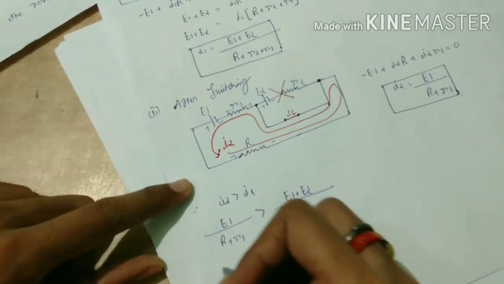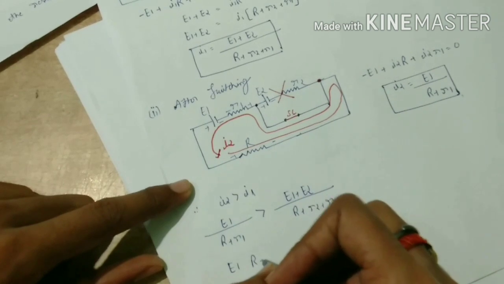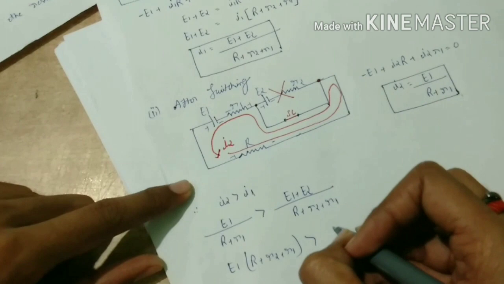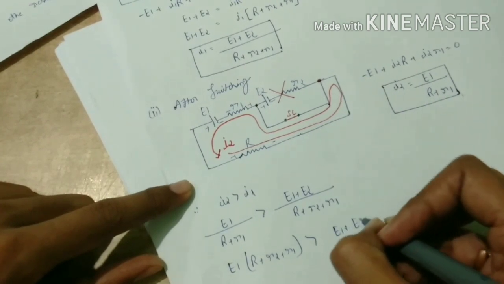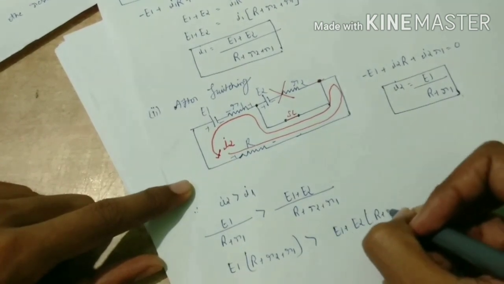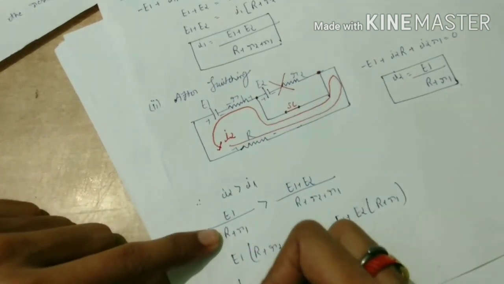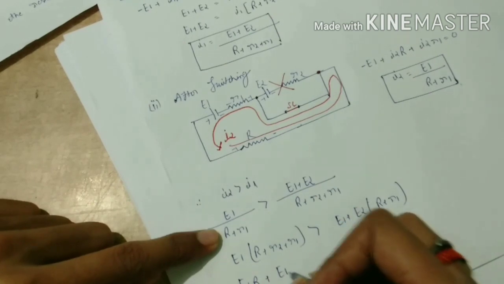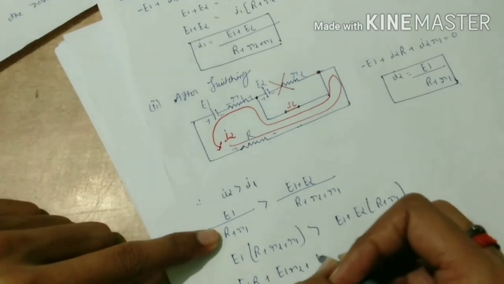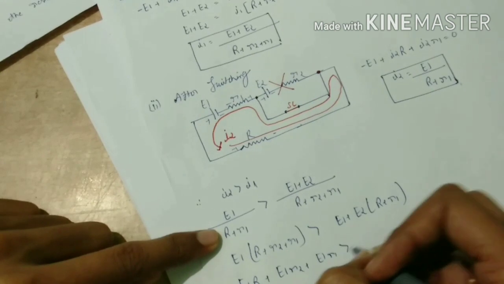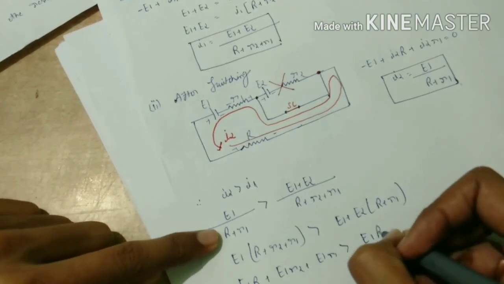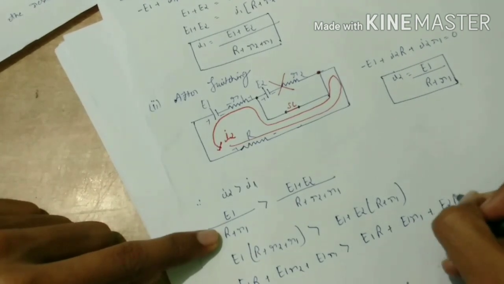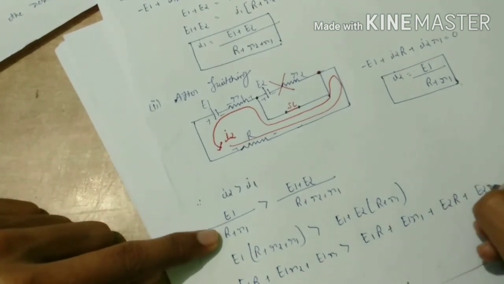So cross multiplication, and multiplying inside, we get an inequality in E1 R2, E1 R1, E2 R and E2 R1.